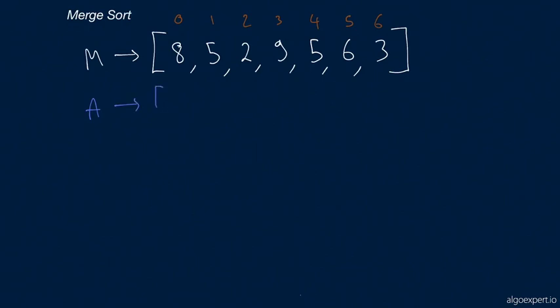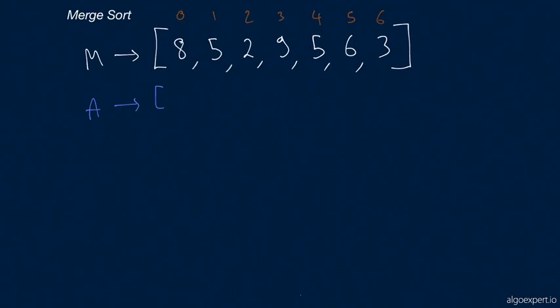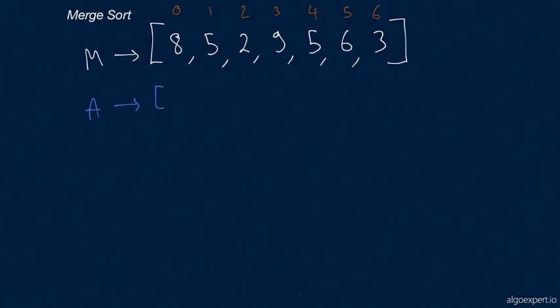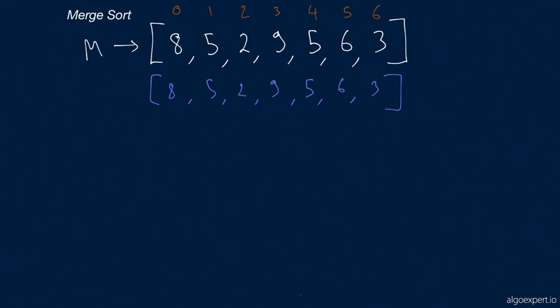So let me grab our main array and move it even higher up here, to give myself space. Our auxiliary array, which I'll write in purple, is going to be identical to the main array at first. So 8, 5, 2, 9, 5, 6, 3. And like I said, denoted by A.